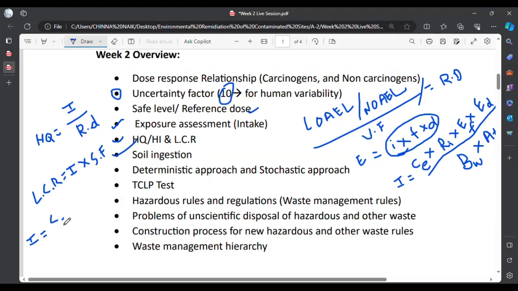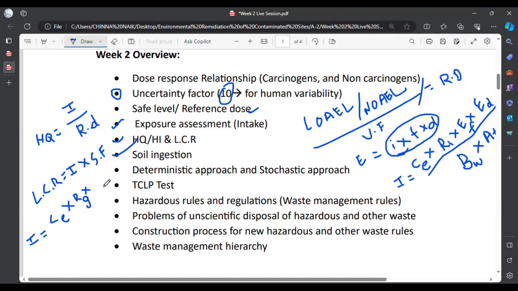Again, for calculating soil ingestion intake, it is CS multiplied by IR, CF, FI. Here CS means exposure concentration in soil, which we measure in milligram per kg, and IR is the soil ingestion rate.